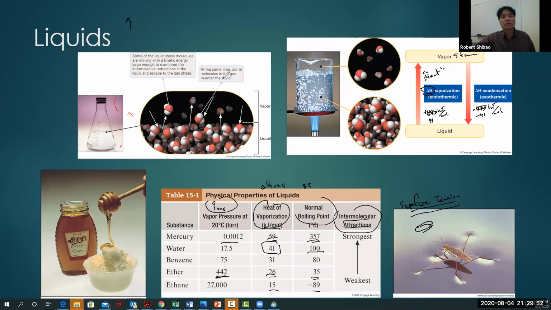The stronger the intermolecular forces of attraction, we'll call it IMFs, the stronger the IMFs, the lower the vapor pressure, the higher the delta H of vaporization, the heat of vaporization, the higher the boiling point, and the higher the surface tension. Surface tension, and there are others, etc.